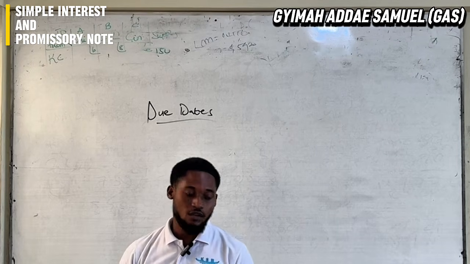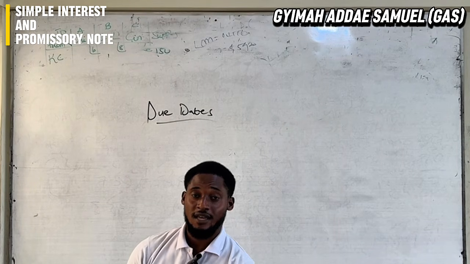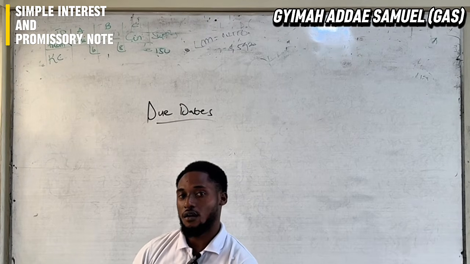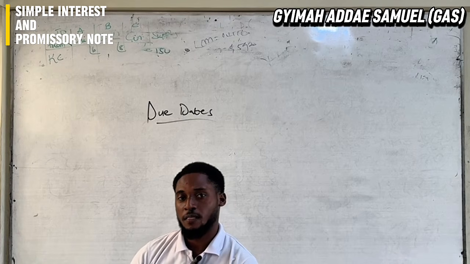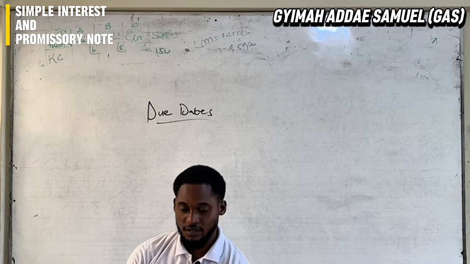So when you come to Kofi for a loan, and I give you the loan, and I tell you by the end of April you are to pay the loan, April ending becomes your due date.